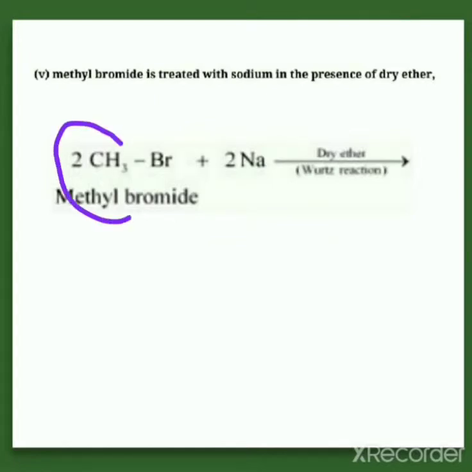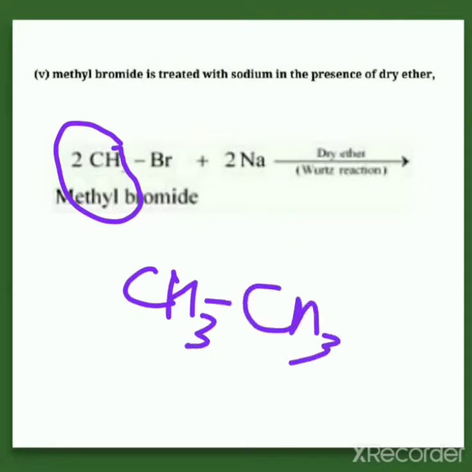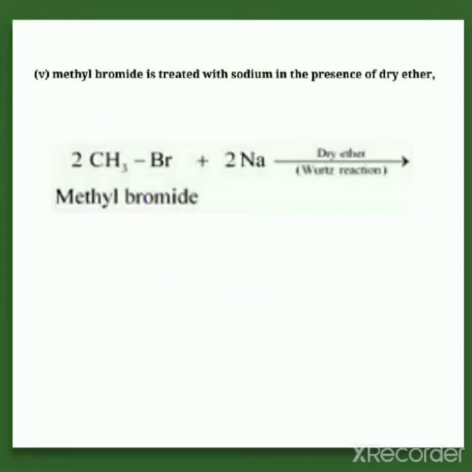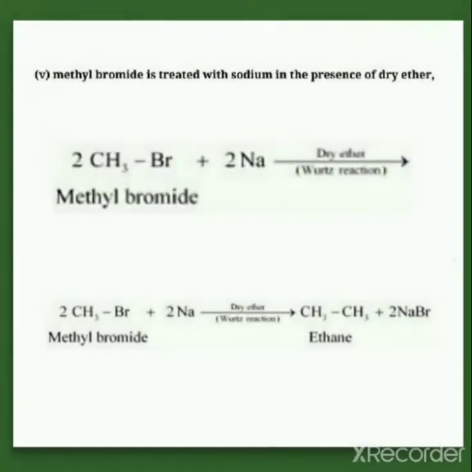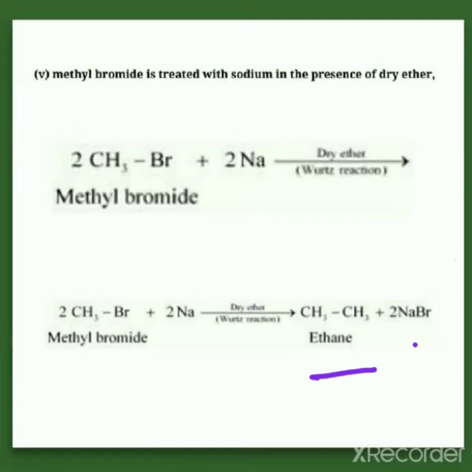Because this is the alkyl group, you need to double it. How do we double it? CH3 is the alkyl group. Write it once again and keep a bond in between. This is quite an easy way to make the product. So let us check the answer. You can see that we got the product ethane plus 2 NaBr.